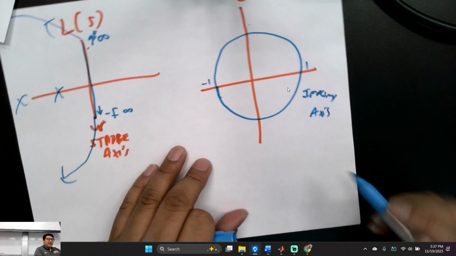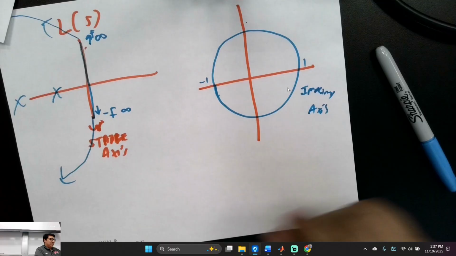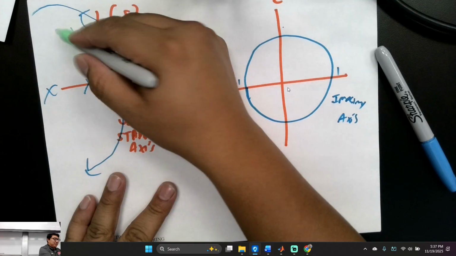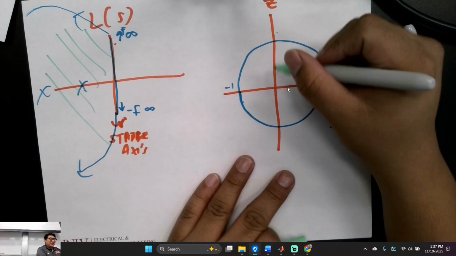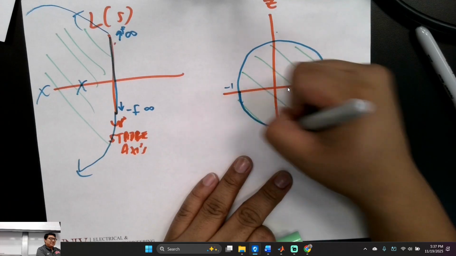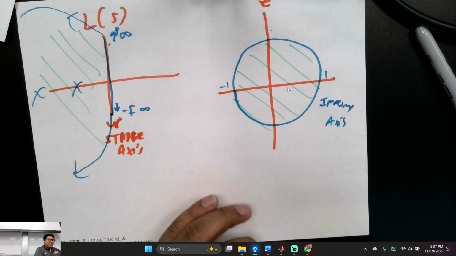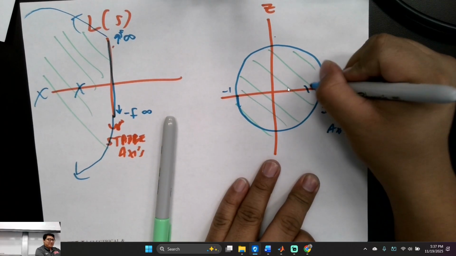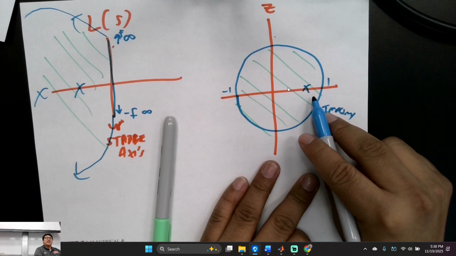All right, and what's inside here, if I were to color it in, is our stable poles, all this stuff in here. Okay? So if I were to redraw this pole right here, it's a stable pole.